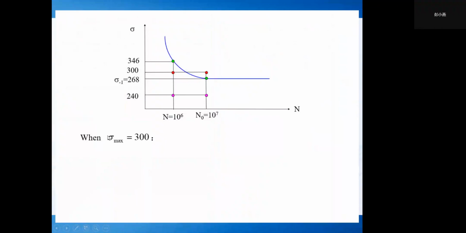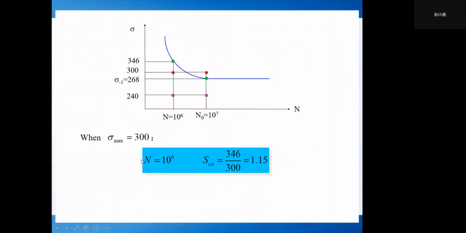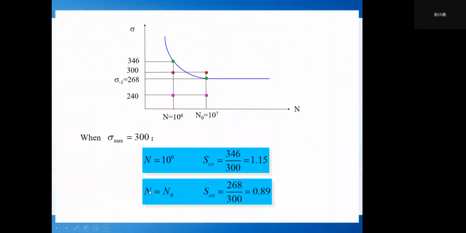When the sigma max is 300 megapascal, and the cyclic number is the 6th power of 10, we can calculate the safety factor is 1.15. But when we choose the cyclic number n0, the 7th power of 10, the safety factor is 0.89.